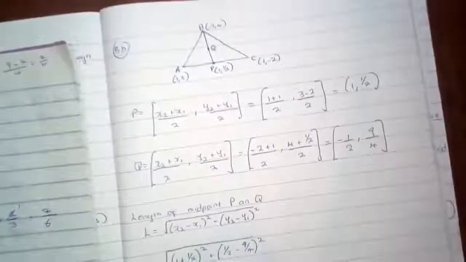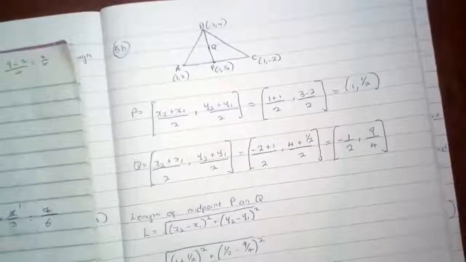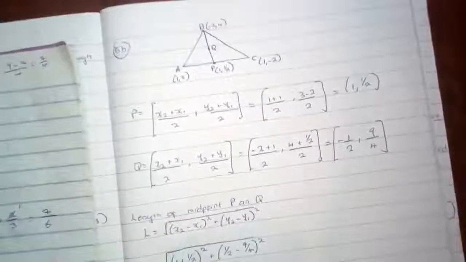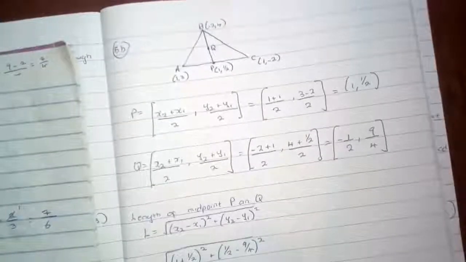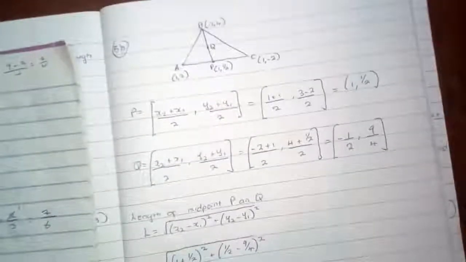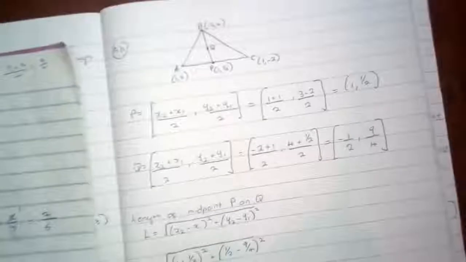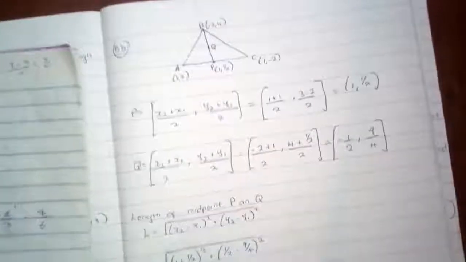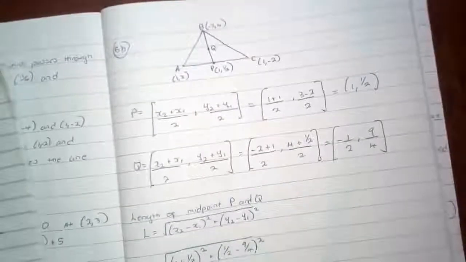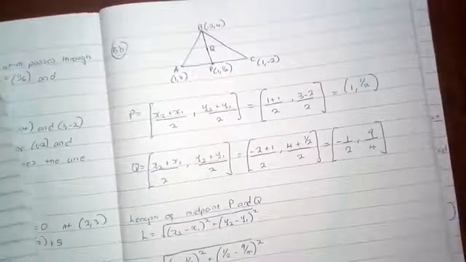Okay, L will be equal to, now this will cancel out this, leaving us with 2 over 3 minus 7 over 4, which will give us minus 1 over 4. So the length of the midpoints P and Q is minus 1 over 4.